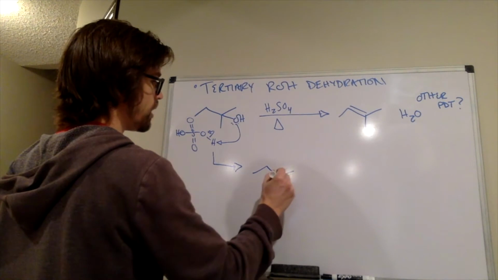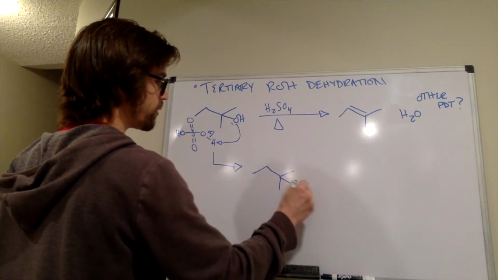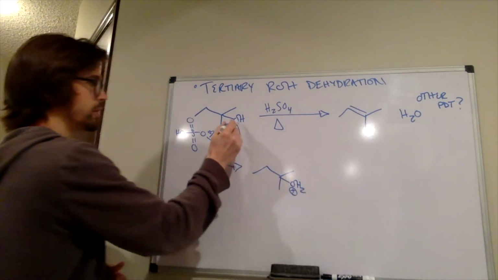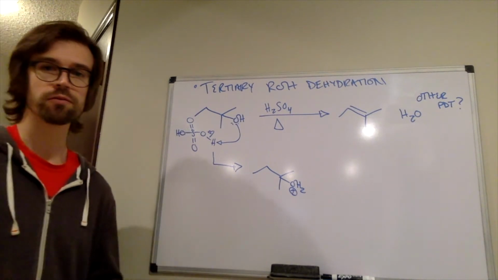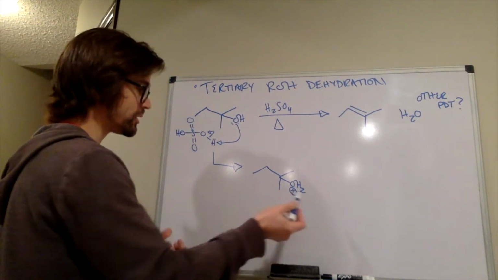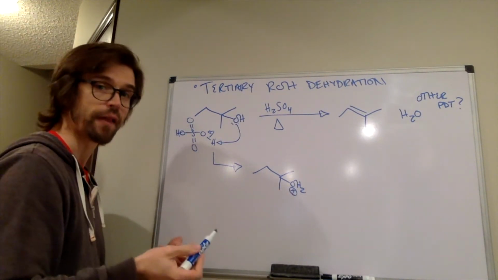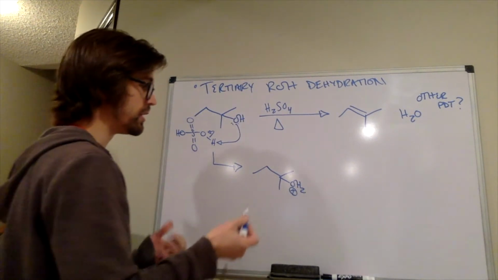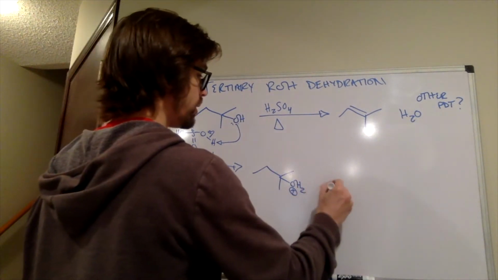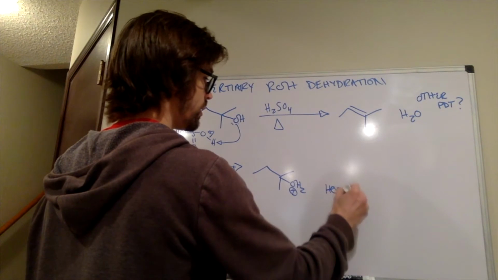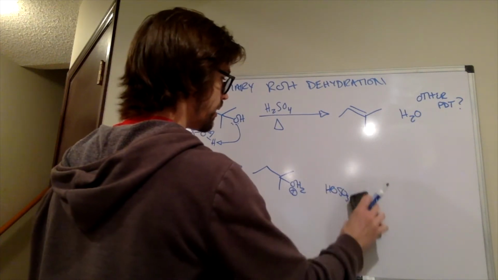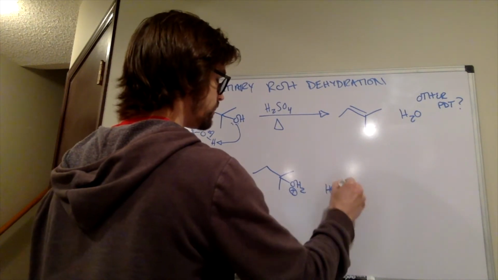That changes our poor leaving group, the alcohol by itself, into essentially a hydronium ion analog that is going to be a really good leaving group. And we have the anion of the sulfuric acid.